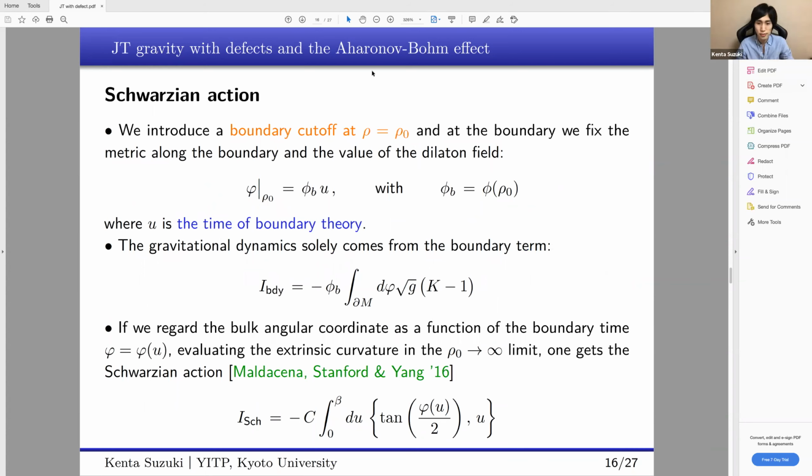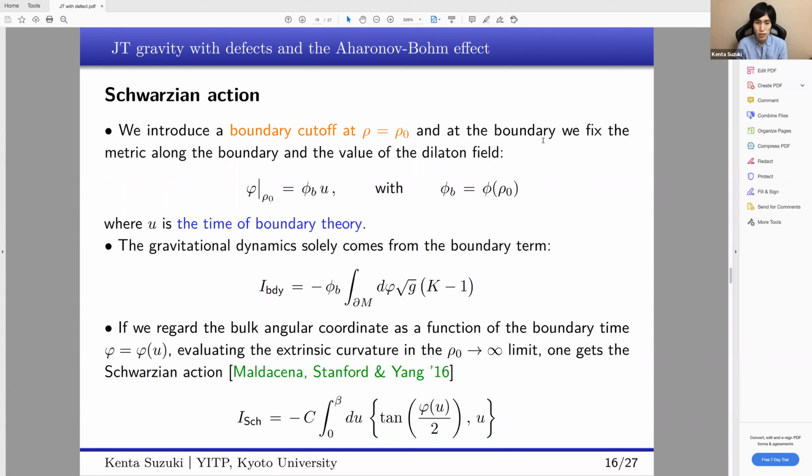The standard way to deal with the physical degree of freedom is to introduce the Schwarzian action. To do so, we first need to fix the boundary condition. The boundary condition we use here is the standard Dirichlet boundary condition for AdS-CFT. More specifically, we introduce a boundary cutoff at rho equal rho naught, and eventually we will be interested in the rho naught to infinity limit.